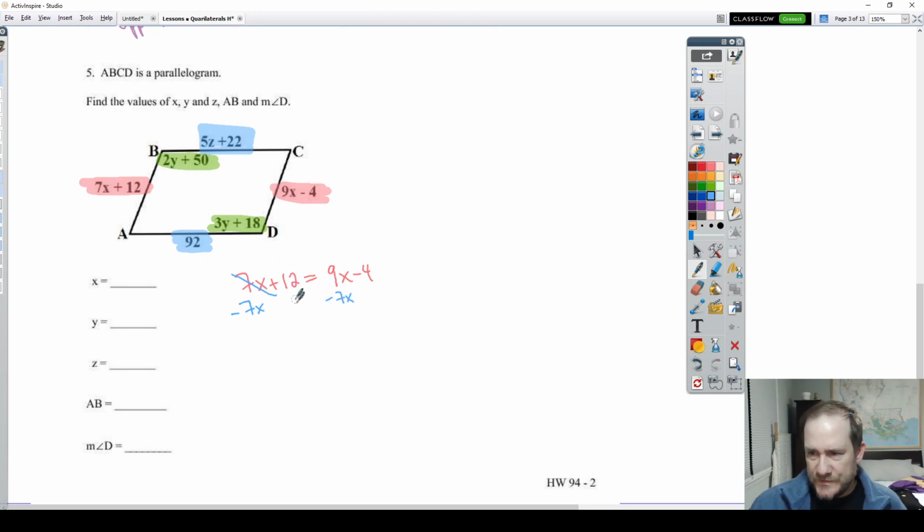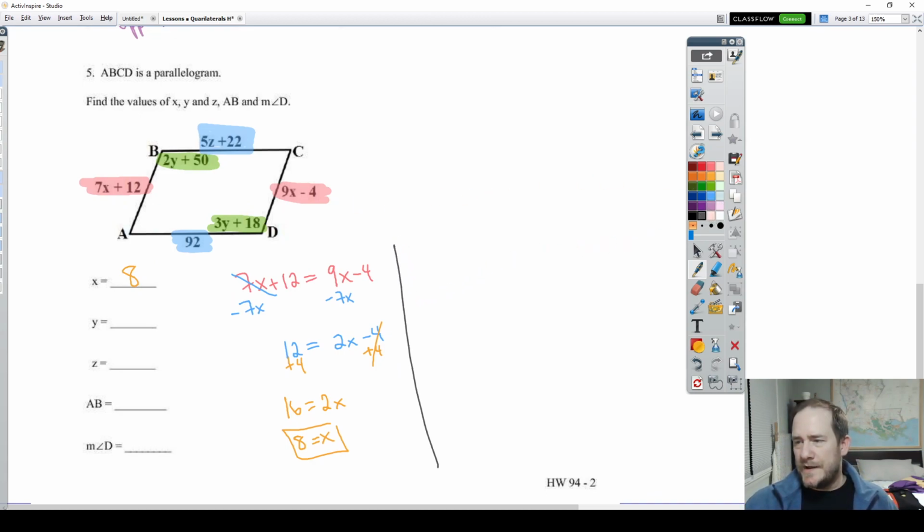That'll leave me with just the 12 over here on the left, and I'll have a 2x minus 4. I'm going to add 4 now to cancel out the 4, and I'll do it over here. So I now have a 16 that equals 2x. So to get rid of the 2, I'll divide by 2 and I'll get 8. So x is 8.